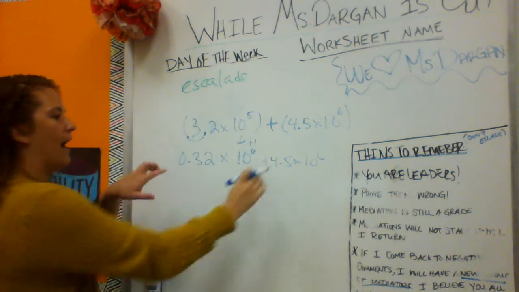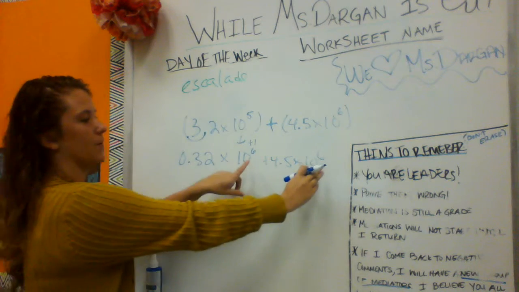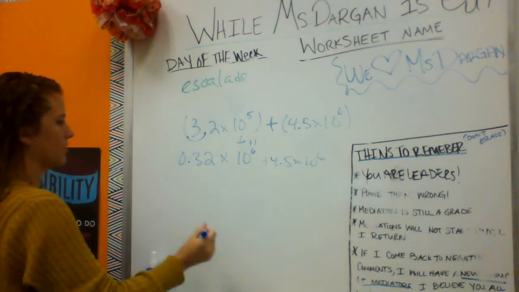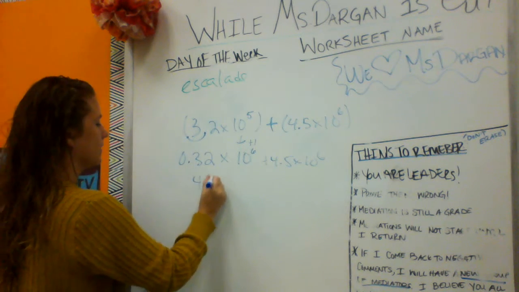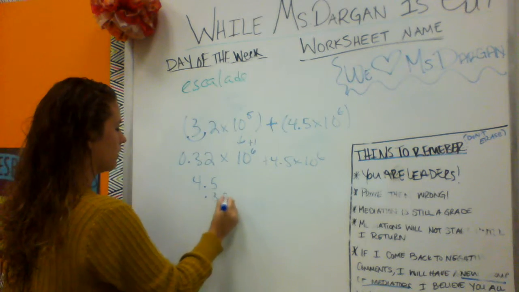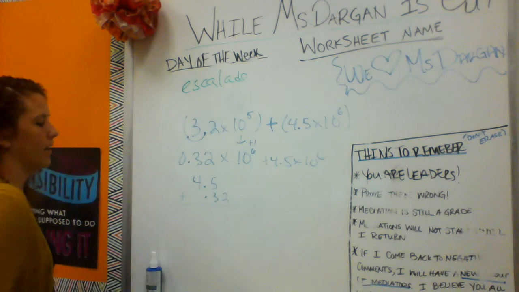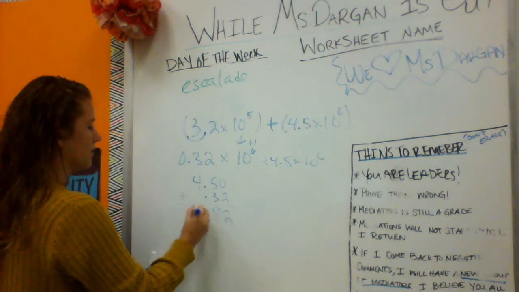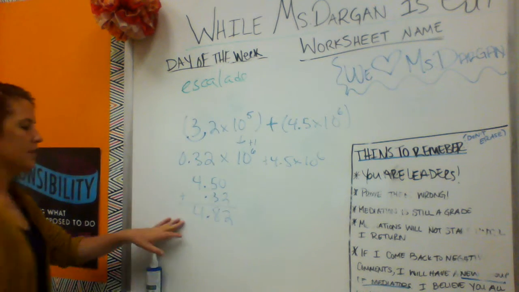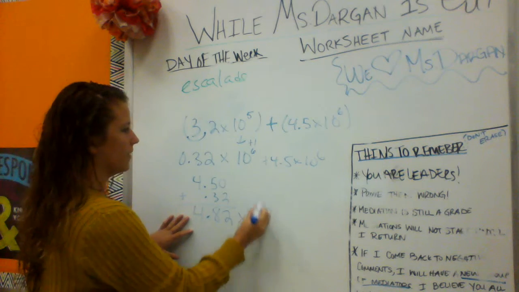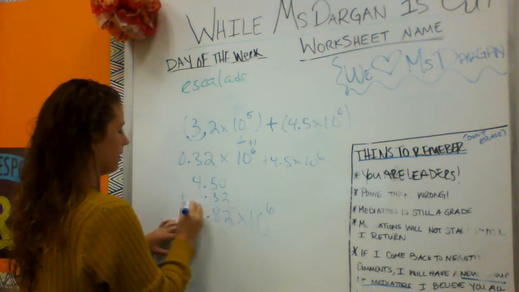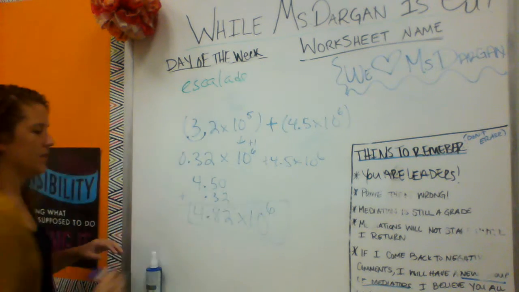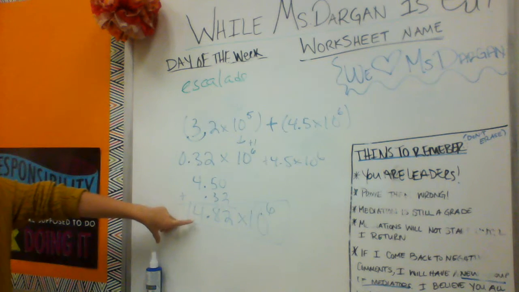I can now add my numbers together because my exponents are the same. I need to make sure I line up my decimal points. And let's go ahead and add. This is 2, 8, and 4. And this is going to be times 10 to the 6th power. This is in scientific notation because this falls between 1 and 9.